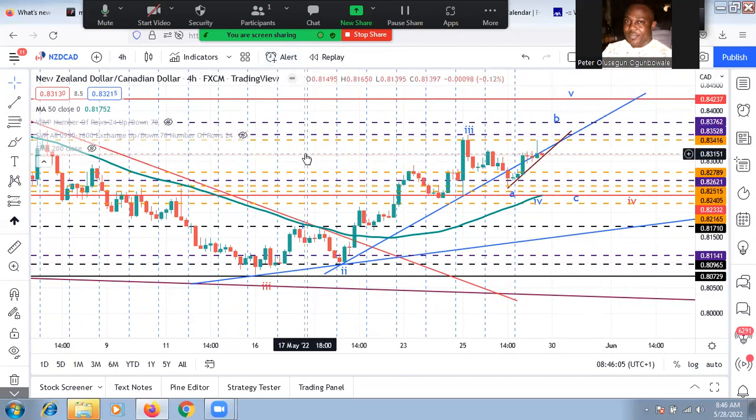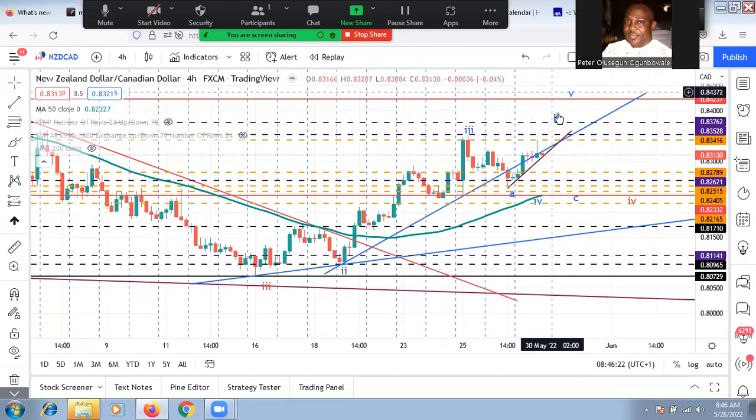You call it the segment where you first do it with 1, with 2, and with 3. And in terms of 3, you bring 1 and 2 of it together to lay your structure. And now this has broken this one to tell us that, okay, we want to do a 5, and we still expect more upside around 84,200. Price may not do that. Price may still get to this point of B, which is possible, which is 83,700.